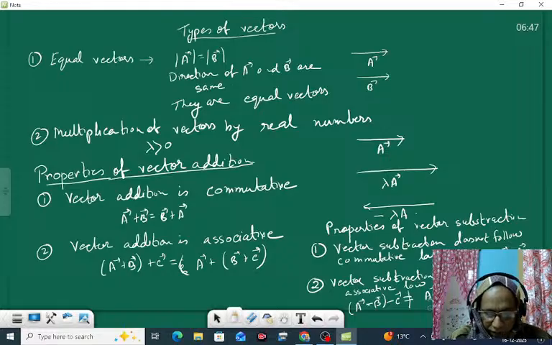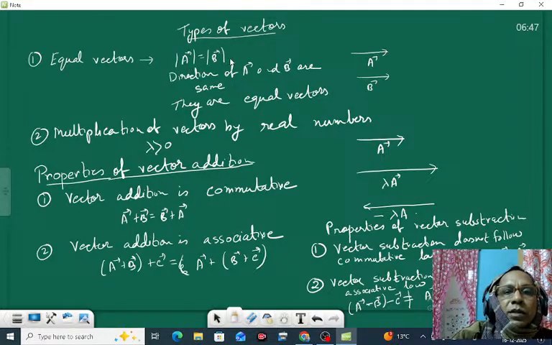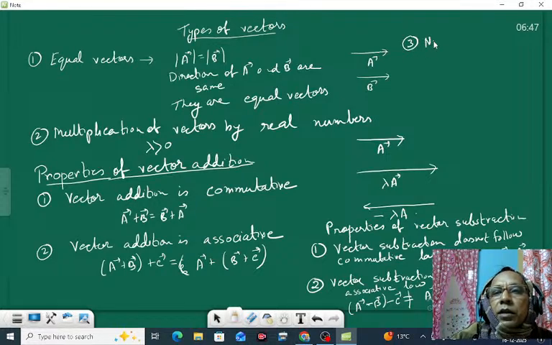These are a few things, and the other important vectors we learned about are equal vectors: if two vectors are equal in magnitude and direction, they are equal. And multiplication of a vector by real numbers. There are other types of vectors also. Another vector is known as the zero vector or null vector.